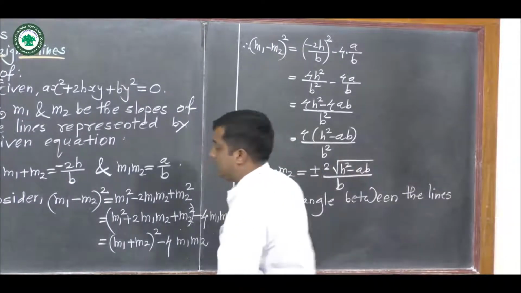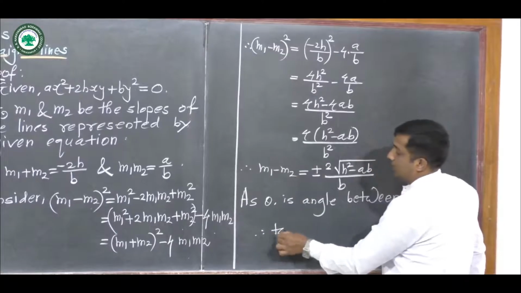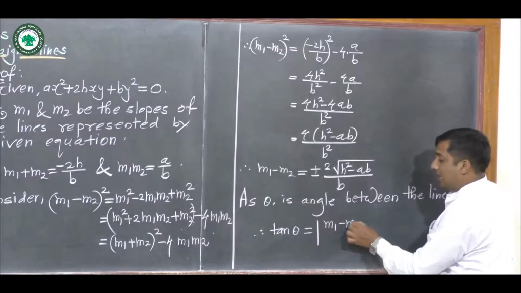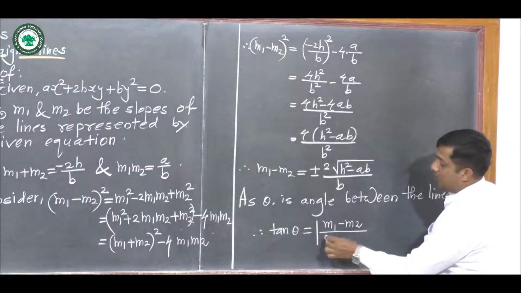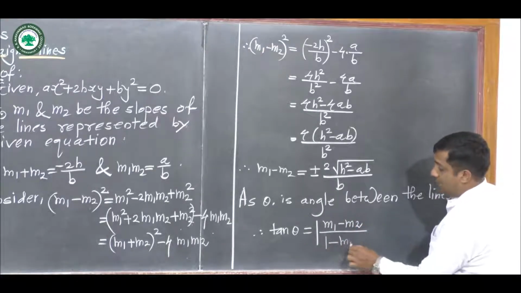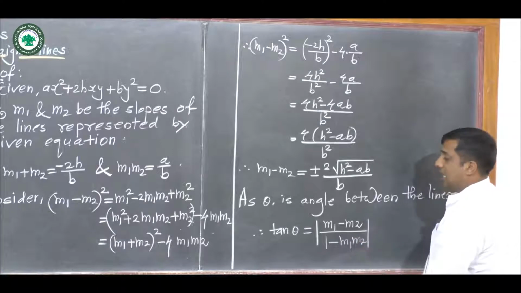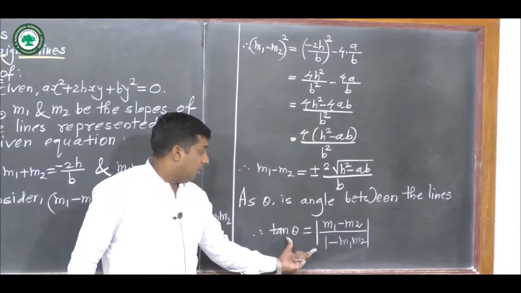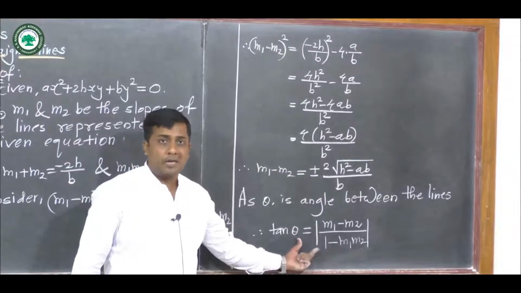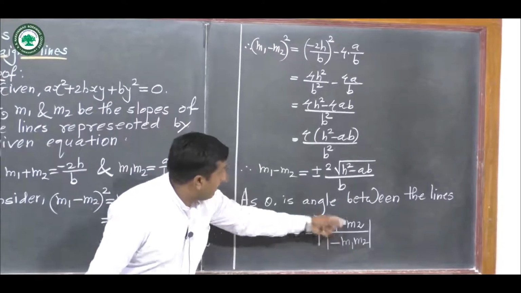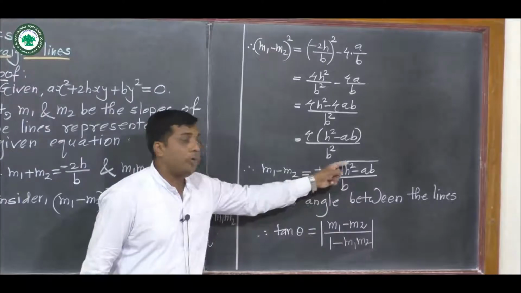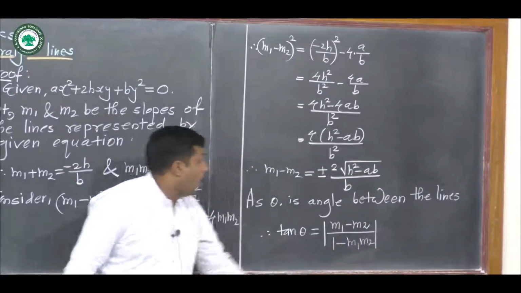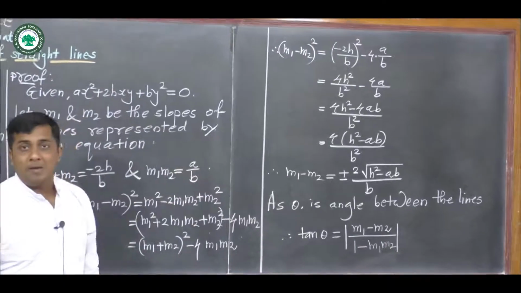Here tan theta is equal to mod of m1 minus m2, divided by 1 plus m1 m2. Here I write this tan theta in the form of slopes. Now we know m1 minus m2 is plus minus 2 into square root of h square minus ab upon b, and we know m1 m2 is a upon b.